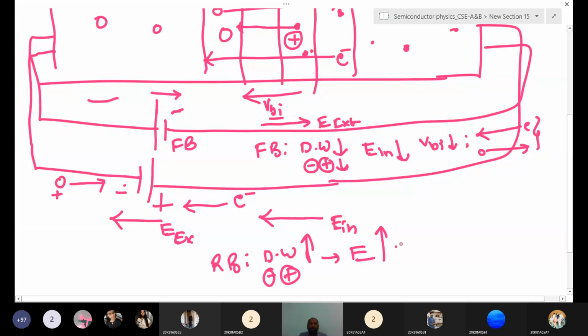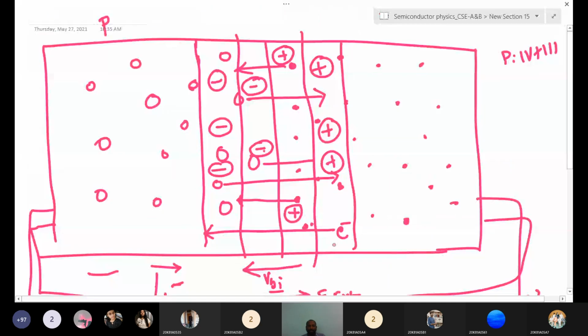Here the electric field direction is plus to minus. This is the internal electric field. Its main job is that it will not allow electrons to move towards the p-type semiconductor.